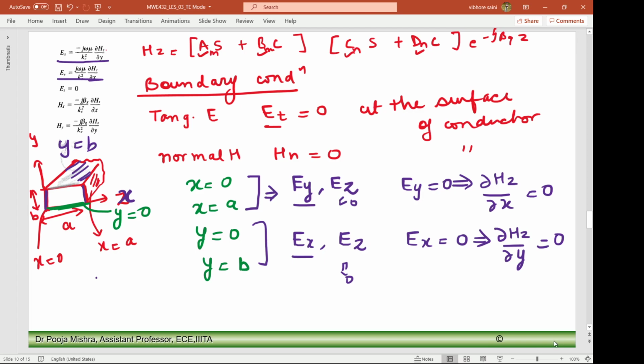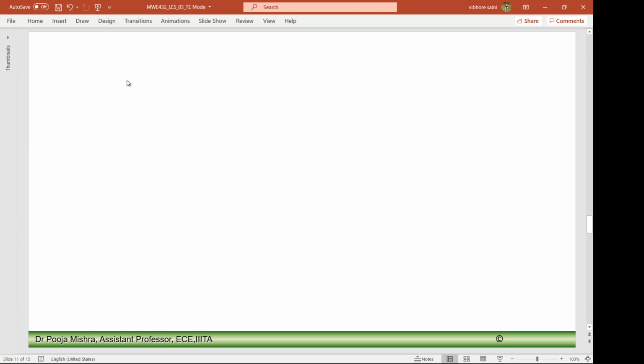So from boundary conditions, what we get? Del Hz by del x is equal to 0 and del Hz by del y is equal to 0. These two equations we are getting.